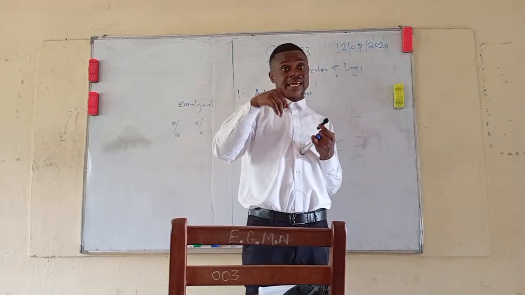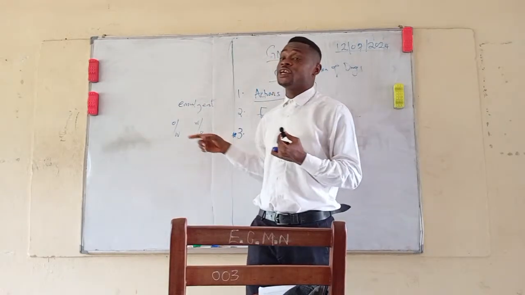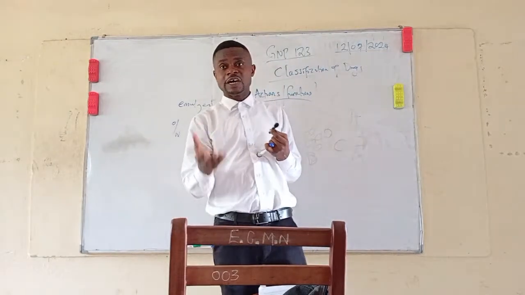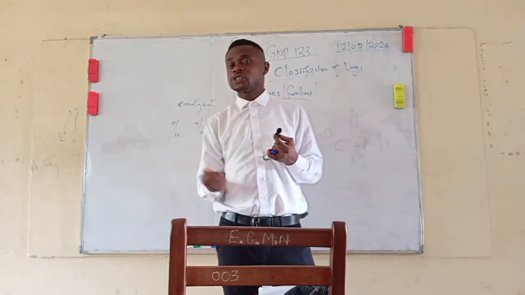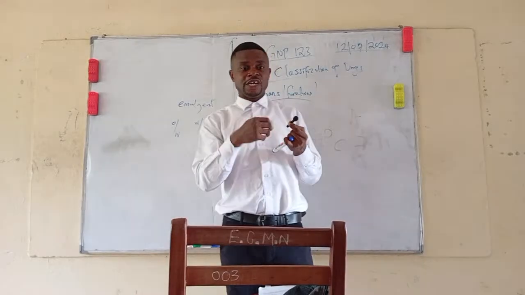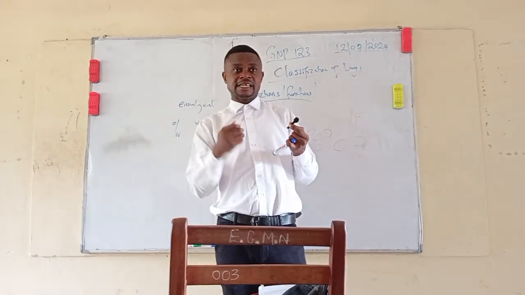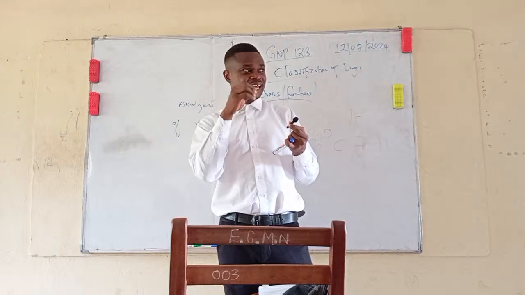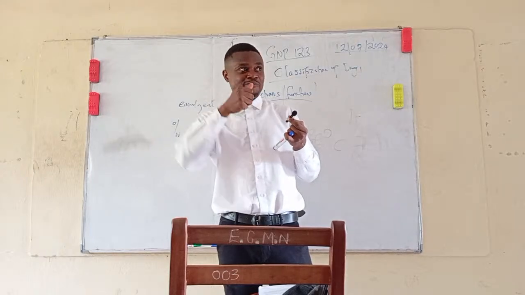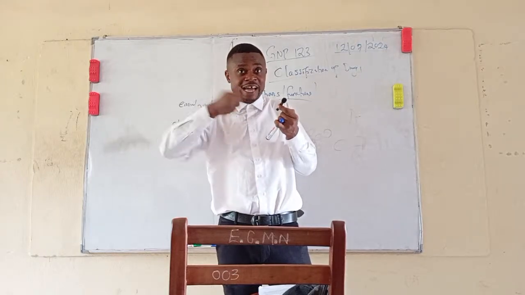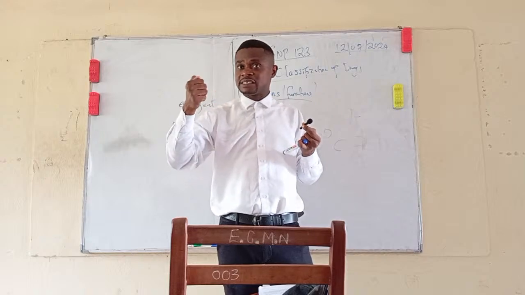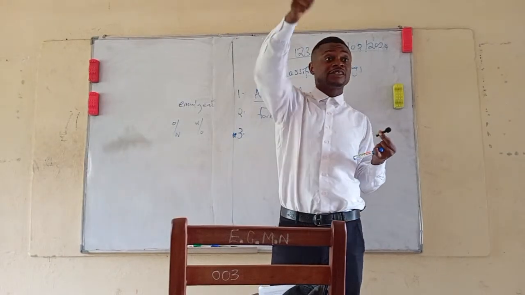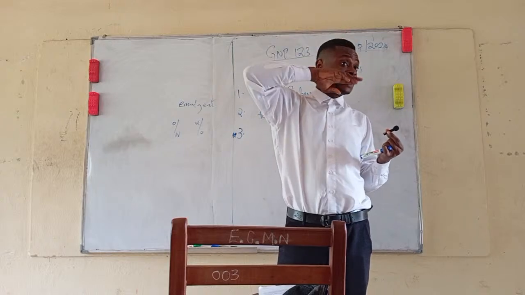Now, under gaseous forms, we have the aerosols. They are in the form of aerosols. Aerosols are pressurized: a solid or liquid is dispersed inside a gas that is pressurized, so that when you press it, like your perfume or your spray, it comes out.